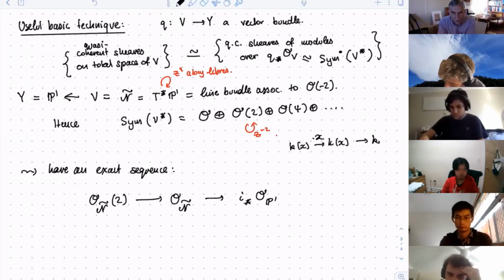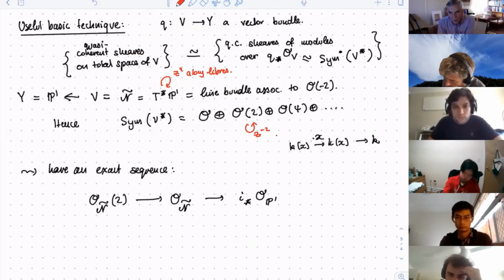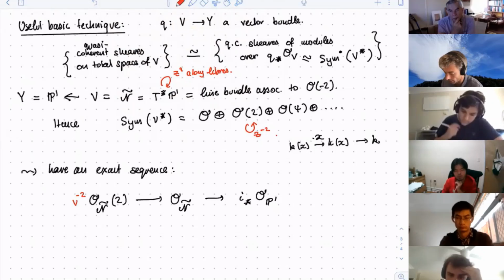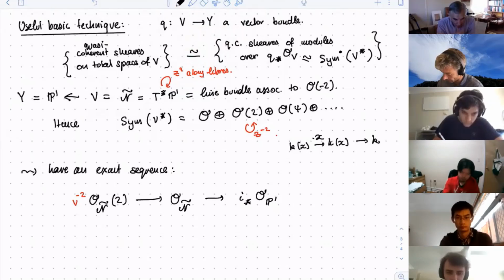And this is a perfectly good map of coherent sheaves on the total space of the cotangent bundle. But in order to make this a map of equivariant sheaves, we need to add a -2 here. And hence we have an exact sequence.